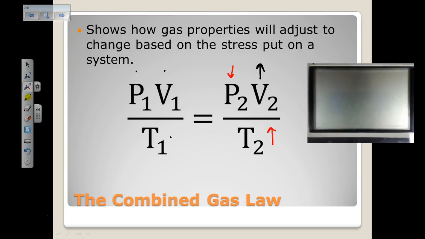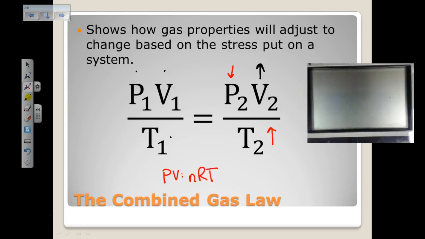So we don't have to just change the volume. You could change the pressure or the temperature, and based on all of that, we can figure out what the new thing is going to be. This is contrasted with the ideal gas law, because the ideal gas law shows, let's say PV equals nRT, how one of the conditions is based on knowing the other conditions.